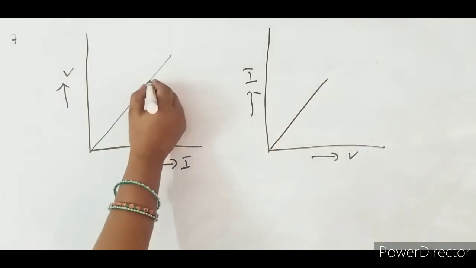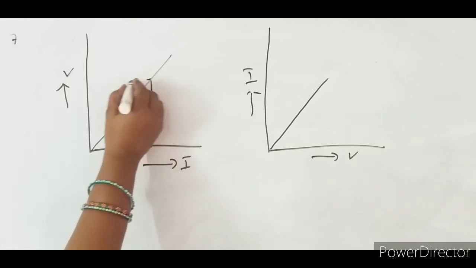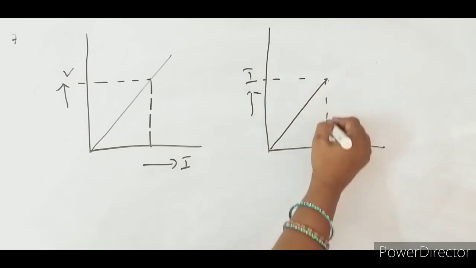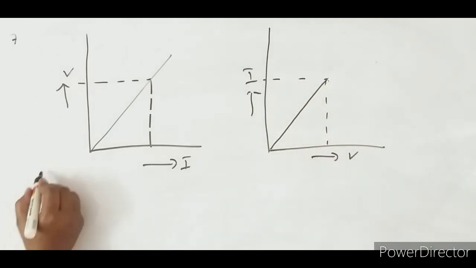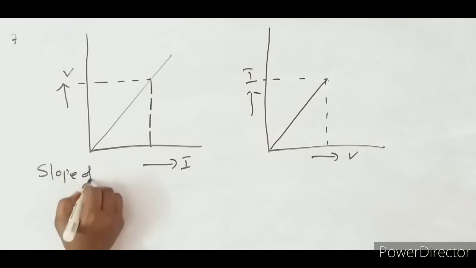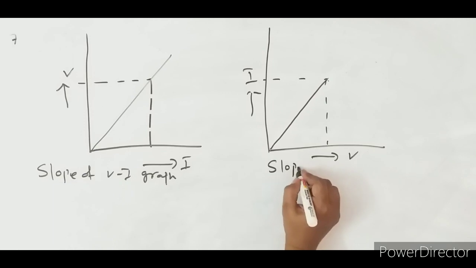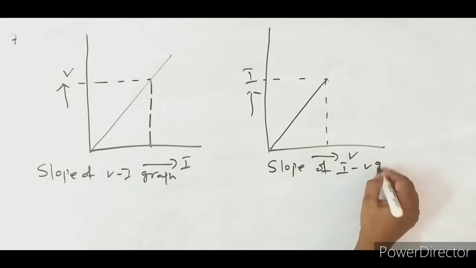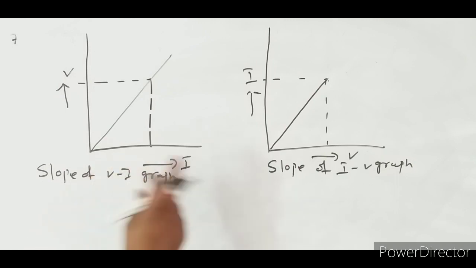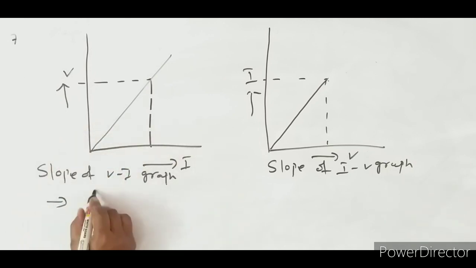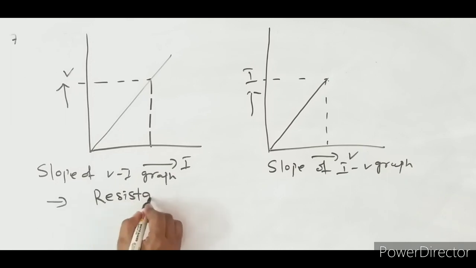Now, let us draw a slope here. This one is the slope of the VI graph, and this one is the slope of the IV graph. So when a question comes in the exam, see what is on the x-axis and y-axis. From the VI graph we get resistance.